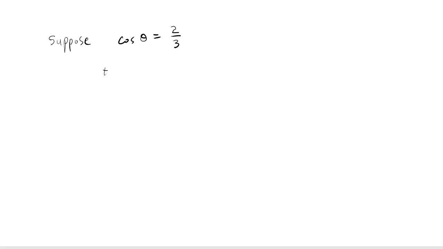Then find sine of cosine inverse of 2/3. Let's think about this question. This is just checking if you know the definition of what this is. And I'll say that theta is between 0 and 90 degrees, just to make things simple.